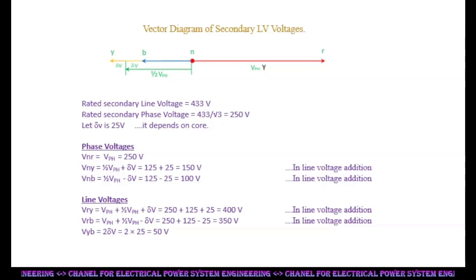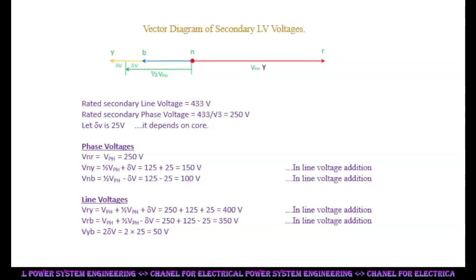VNR is equal to VPH is equal to 250 V. VNY is equal to half VPH plus dV is equal to 125 plus 25 equals 150 V, in line voltage addition. VNB is equal to half VPH minus dV is equal to 125 minus 25 equals 100 V, in line voltage addition.